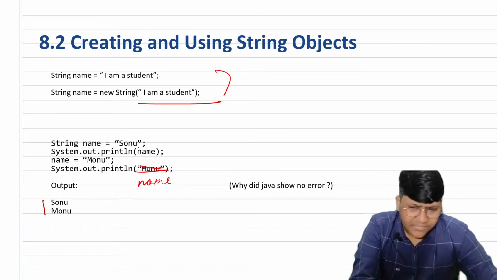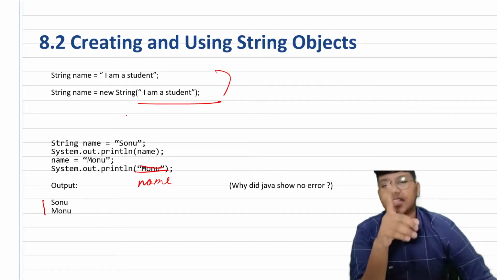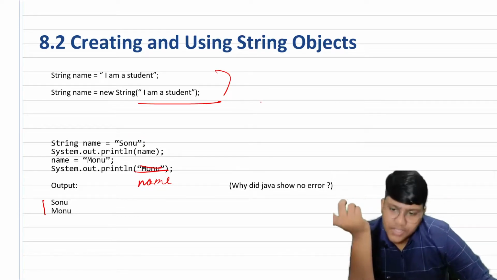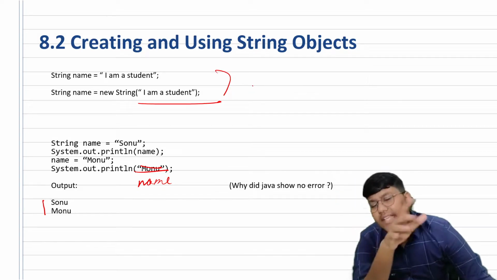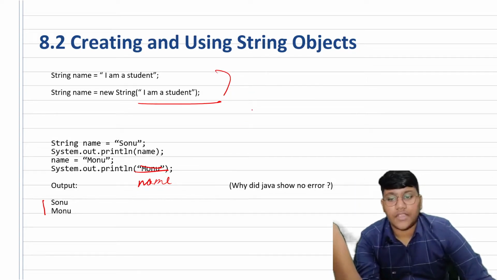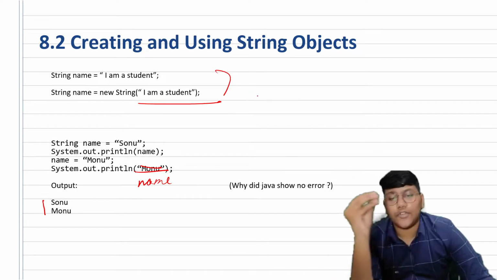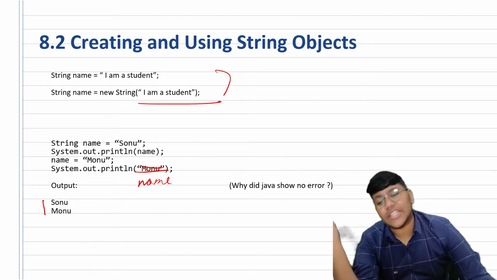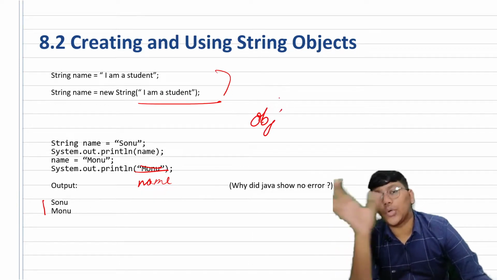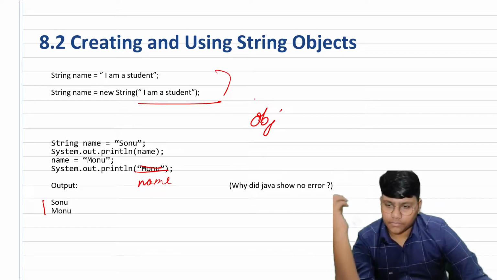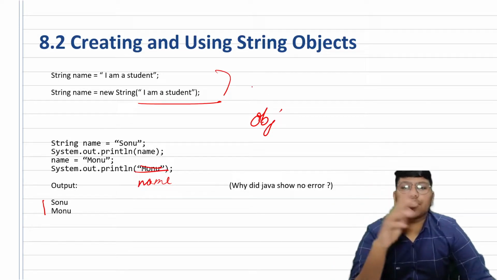Because the first thing is, why should an error be shown? Because the value of an object cannot be changed. Here we are not changing the value of a variable inside an object, we are changing the value of the object totally. So why is it showing no error?